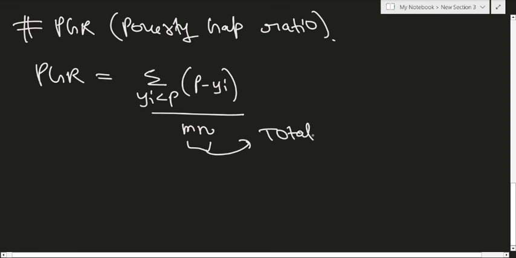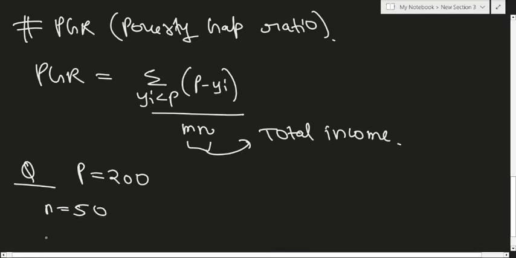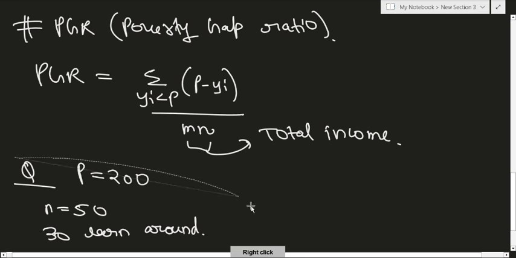Basically, some denotation, total income of the distribution. Let us say we have the poverty line defined as 200 again, and we have n as 50, and let us say 30 people earn around, let's not do this example here.